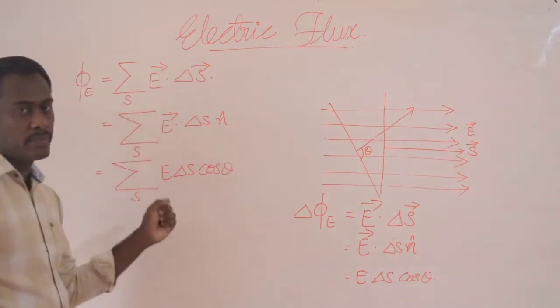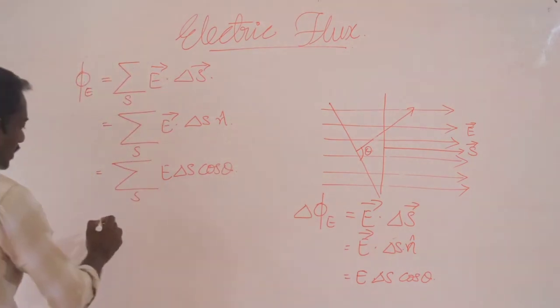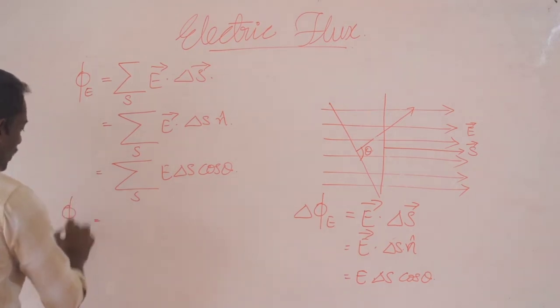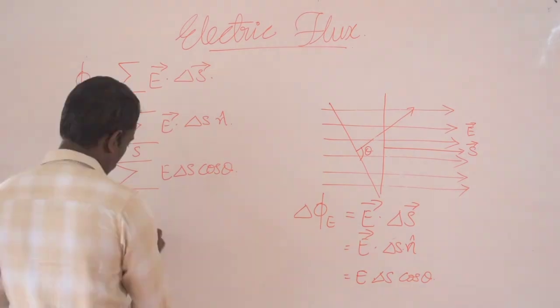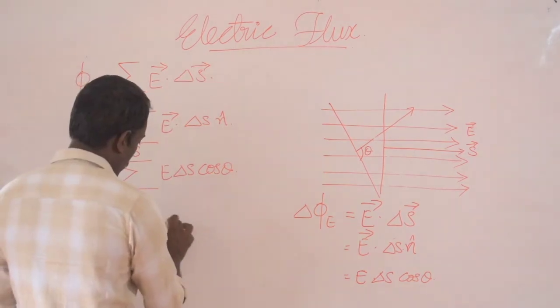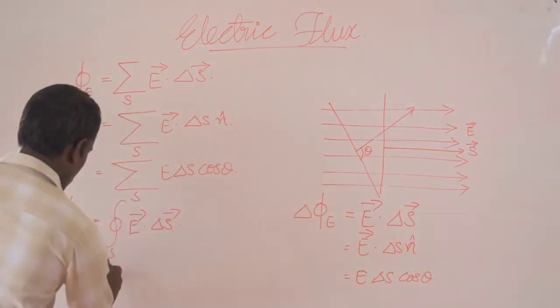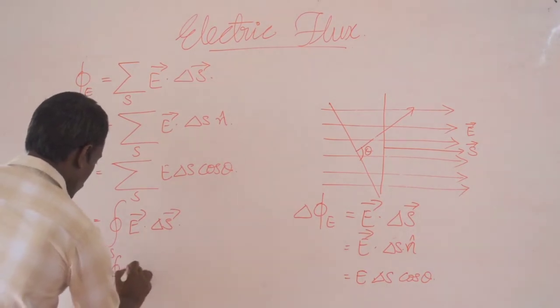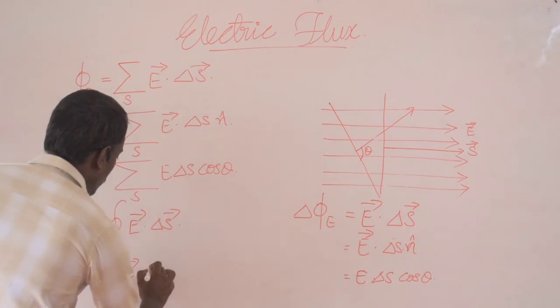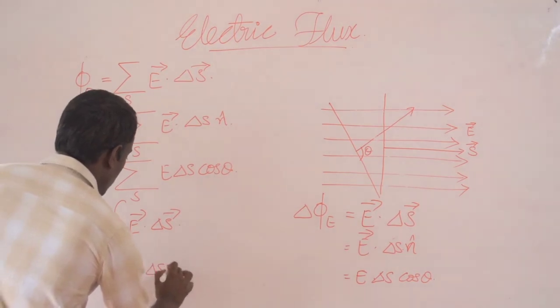And in terms of an integral, this equation can be written as phi is equal to the closed integral over S of E dot dS, that is equal to the closed integral over S of E dot n dS.